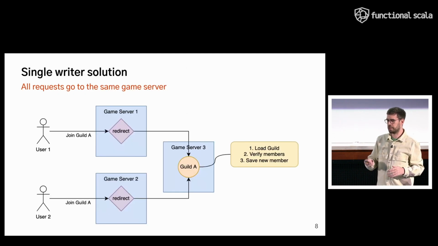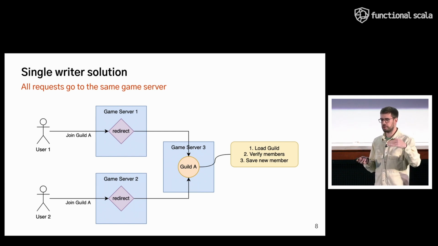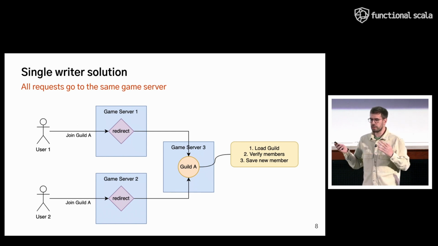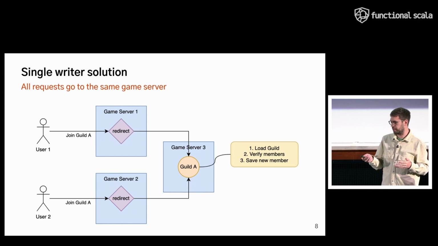So here is an example of how it would work following this pattern. Game server 1, which received the first request, would redirect it in some way to another server, let's say game server 3, and then the second one will redirect the request to the same game server 3 as well, and then game server 3 will process them one by one. So how do we implement that in practice?